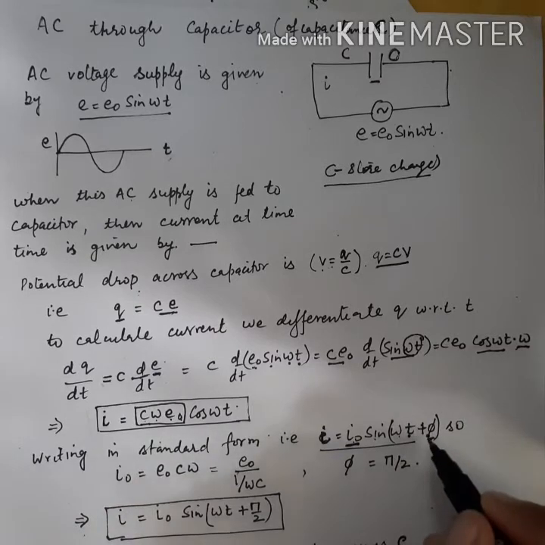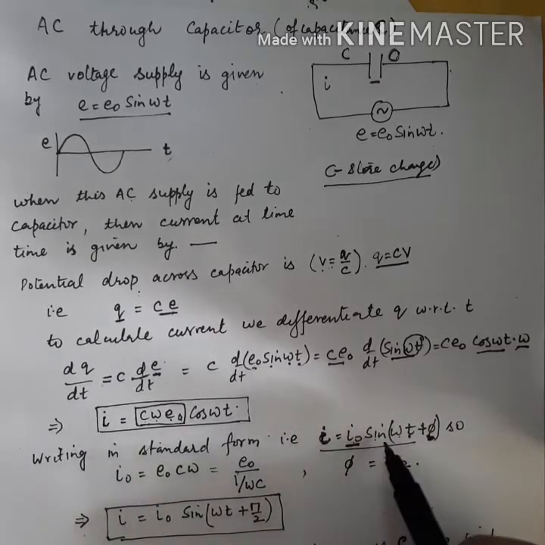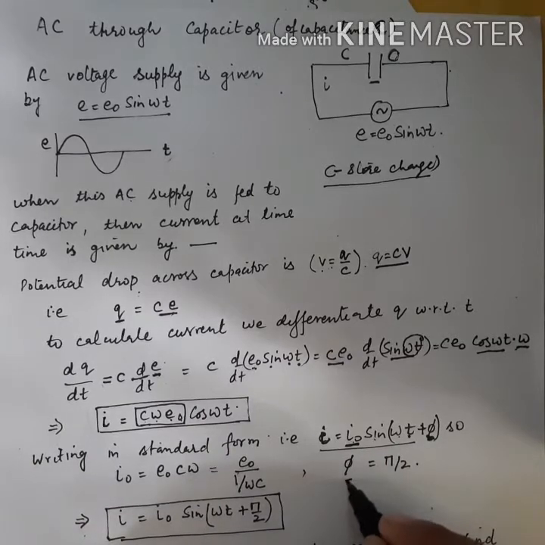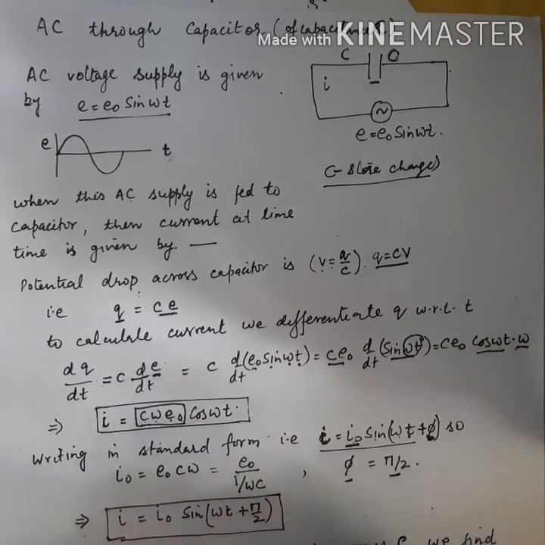And here, what should be the value of φ so that sin(ωt + φ) will be equal to cos(ωt)? We can do it by putting φ = π/2.